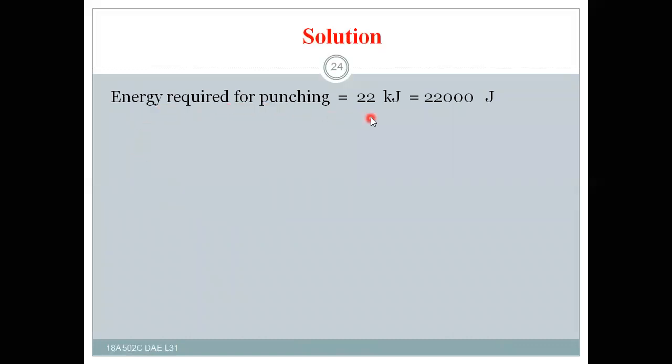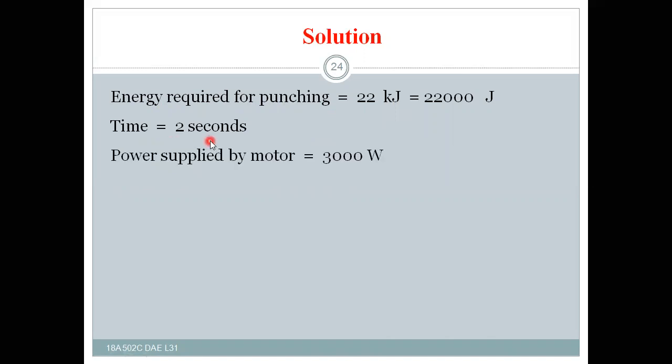Energy required for punching is equal to 22 kilojoules, that is 22,000 joules, and the time required is 2 seconds only. Power supplied by the motor is 3000 watts and friction is 20% of the energy supply.